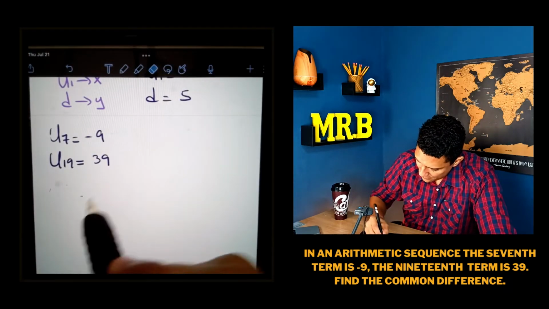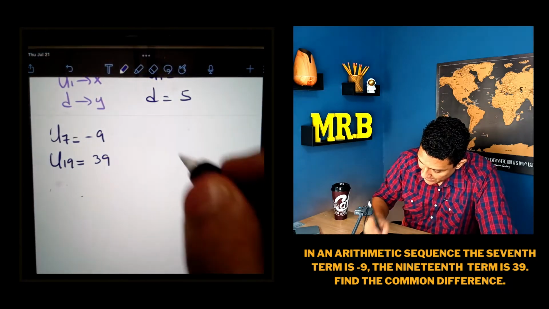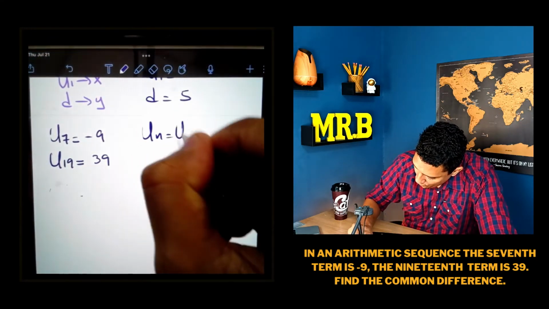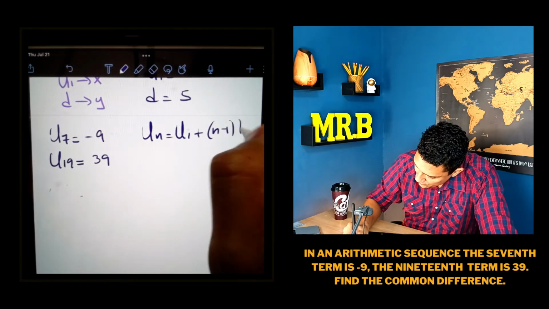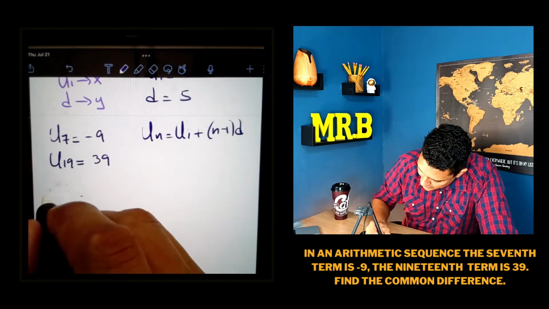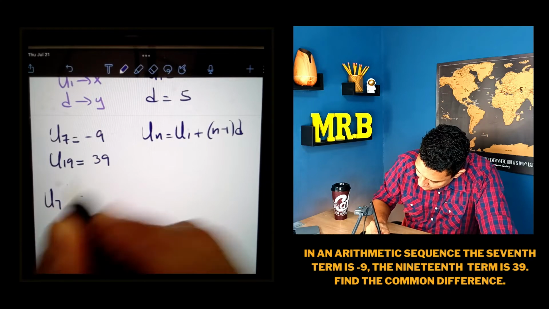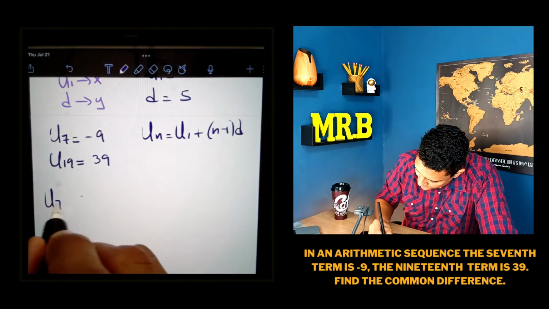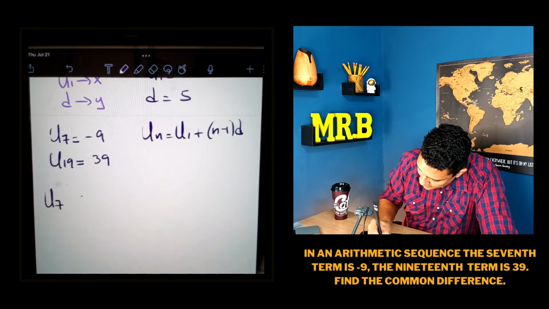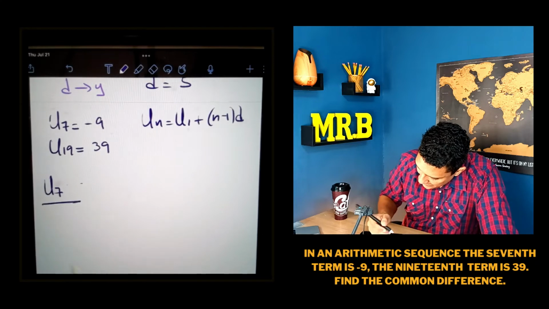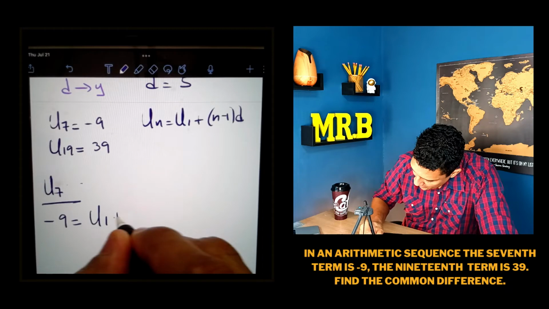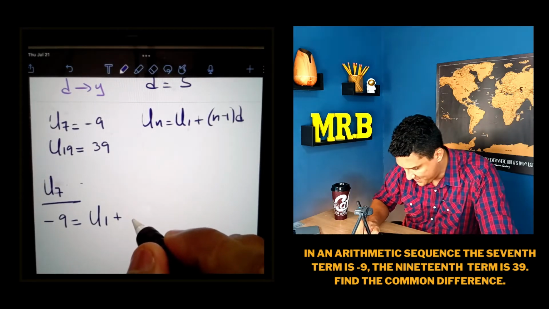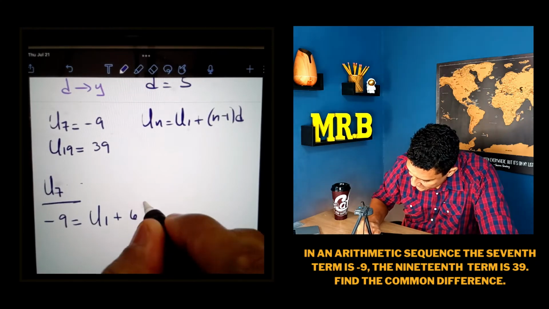So now I'm going to get the main formula. Un equals u1 plus n minus 1 times d. u7 is the first term I'm going to be working with. Negative 9 equals u1 plus n is 7 minus 1, 6, 6d.